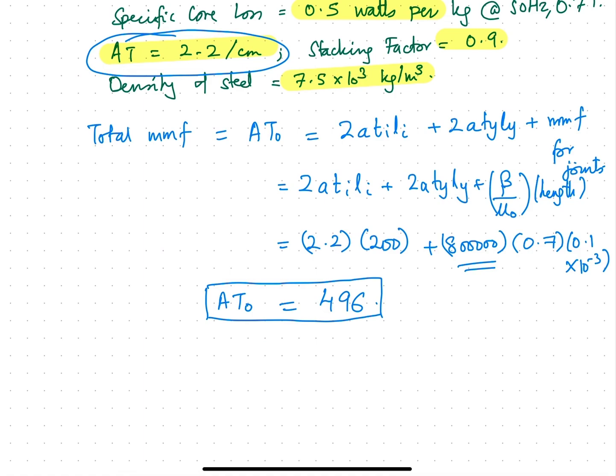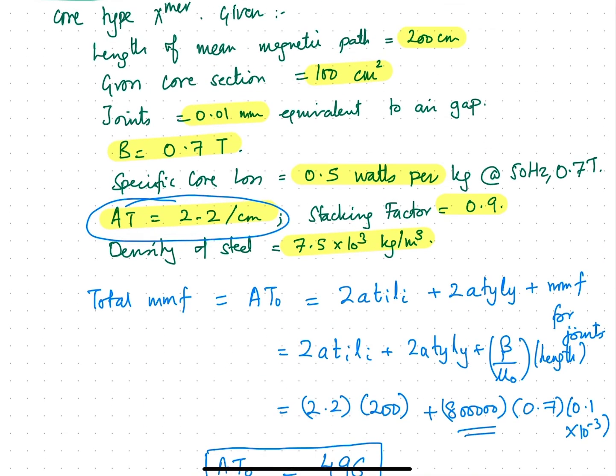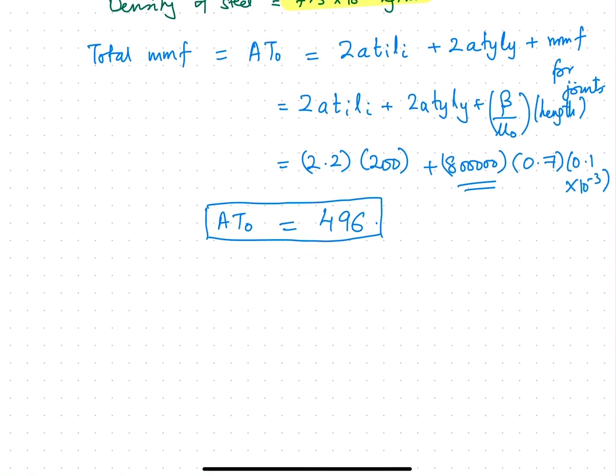Now we are given the gross iron area. The gross iron area is 100 centimeter square. To calculate the net iron area, AI, we use the gross iron area into the stacking factor.